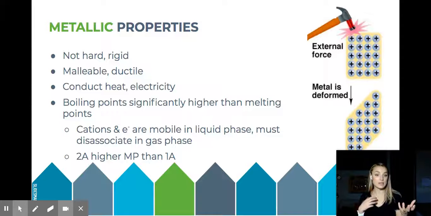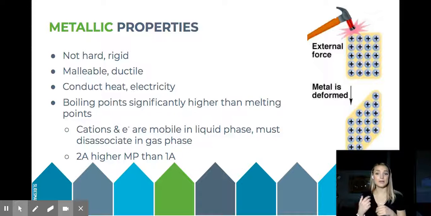Whereas with ionic solids, we saw that applying a force would cause a very clean split so that those anions and cations wouldn't be near one another, rather than in a metal, where because we have all of the electrons, the negative charge flowing around all of the cations, it's much easier to bend and mold metals.